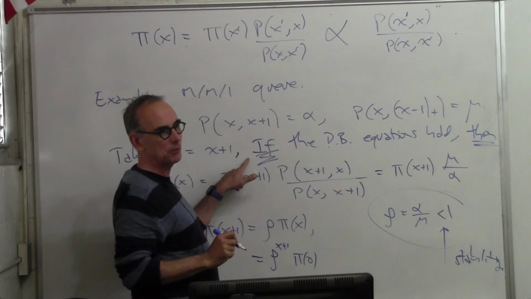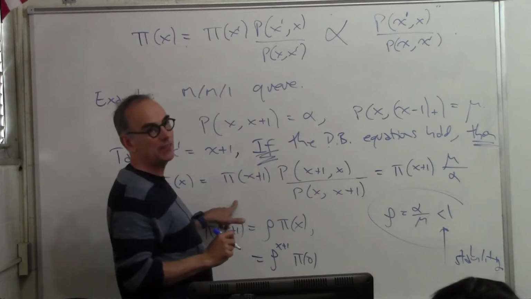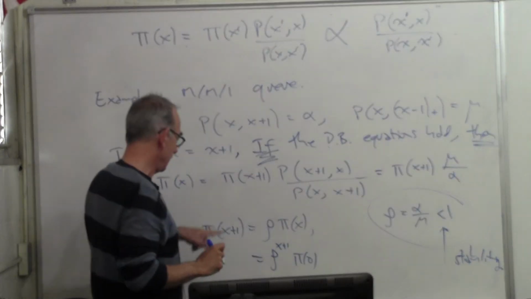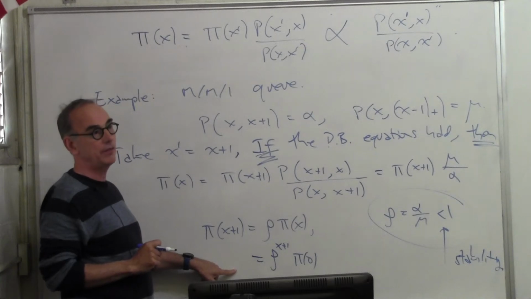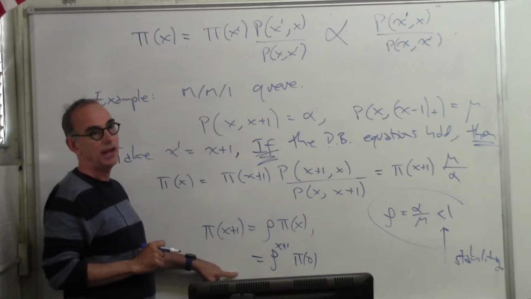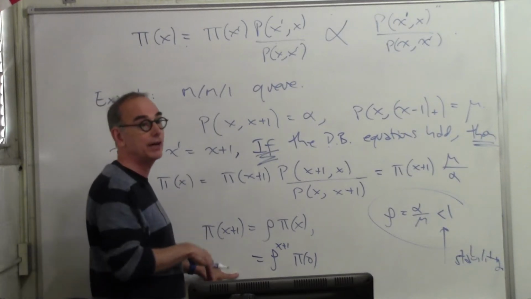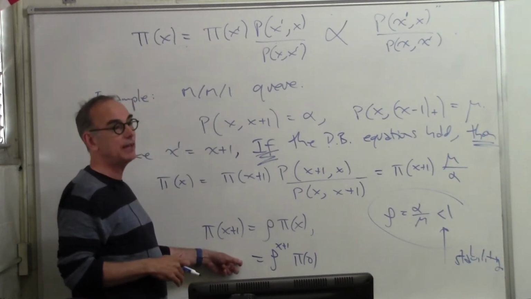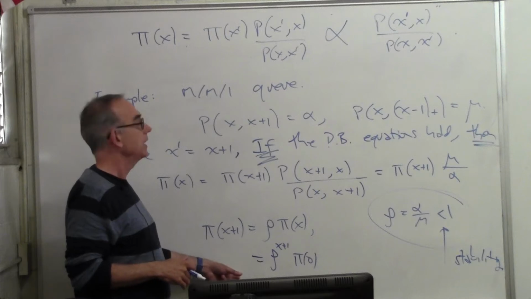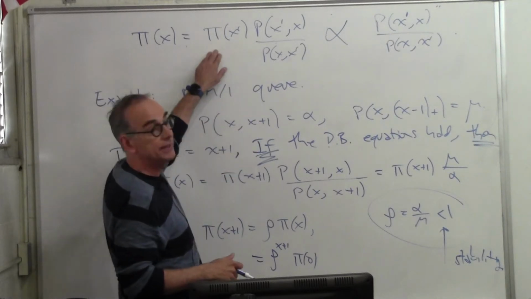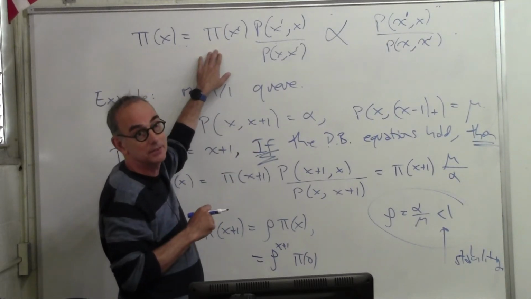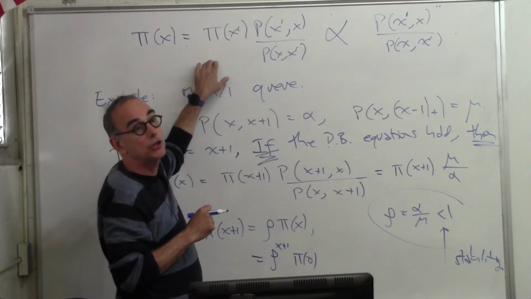If the detailed balance equation holds, then we get this conclusion that the invariant probability mass function is geometric. Then you can verify it: if I take a geometric distribution, does it satisfy the detailed balance equations? Yes, it does. So an MM1Q is reversible.